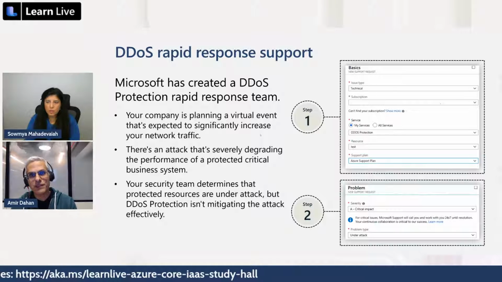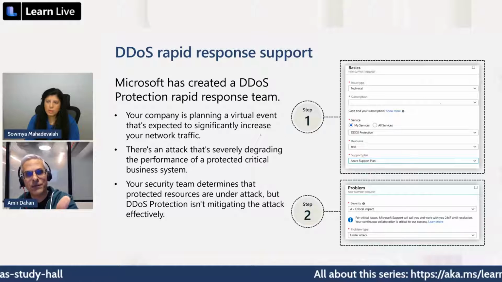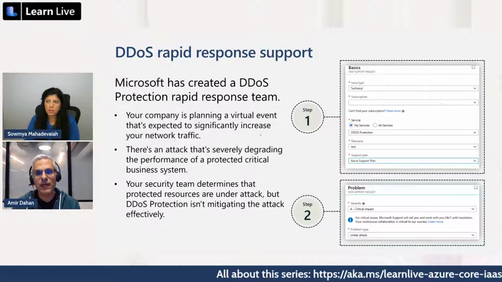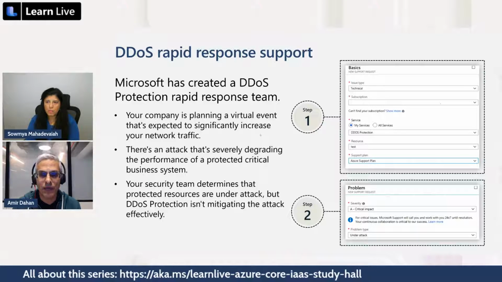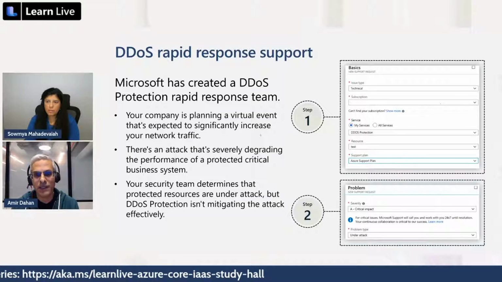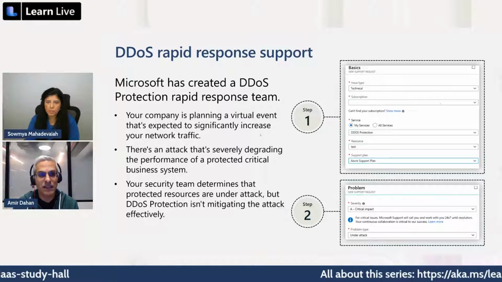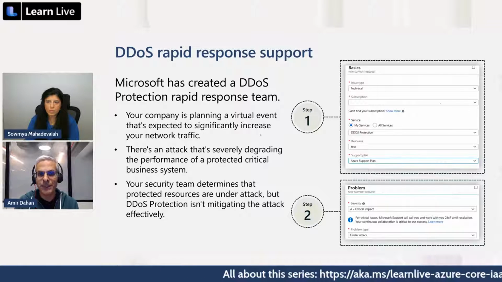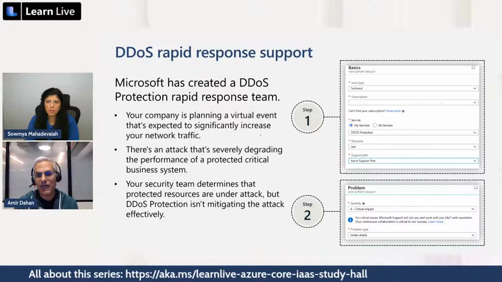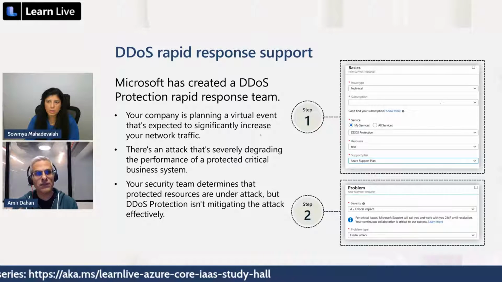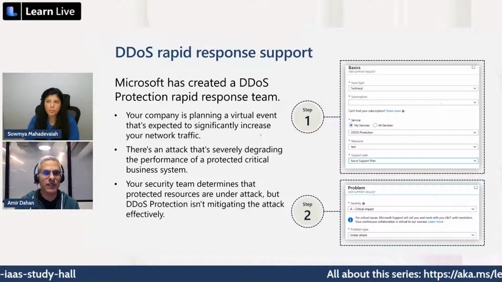With the DDoS Rapid Response Team, customers can easily go into the portal and, following steps 1 and 2 here, open a support ticket with critical severity, mentioning that it is under attack, and they will get a 15 minute SLA from the time they open the ticket until someone from the DDoS rapid response team gets online with them, supporting them to mitigate the attack.